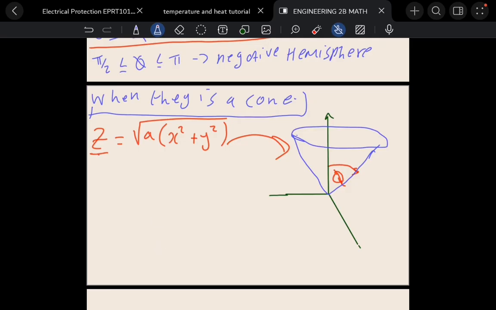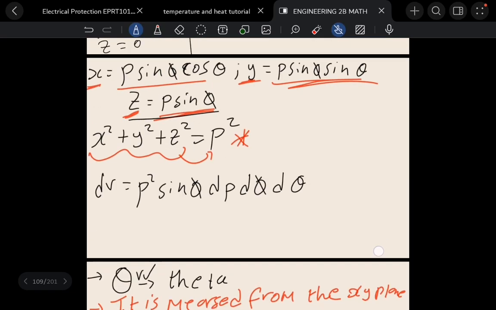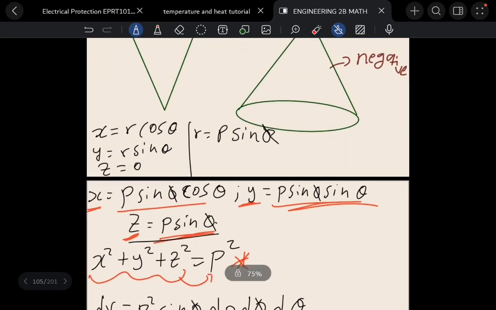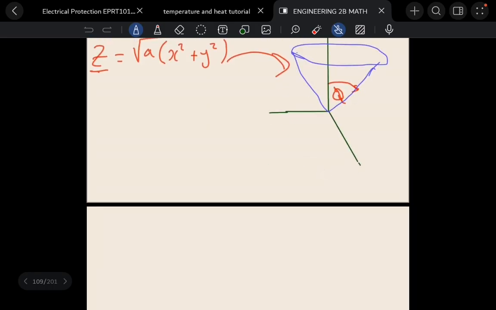We know that z is this, x is that, and y is that. So we are going to have rho cos phi equals the square root of a.